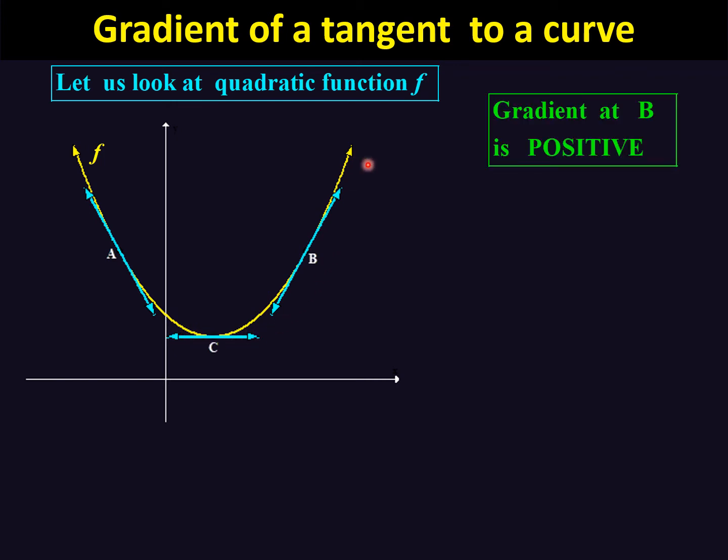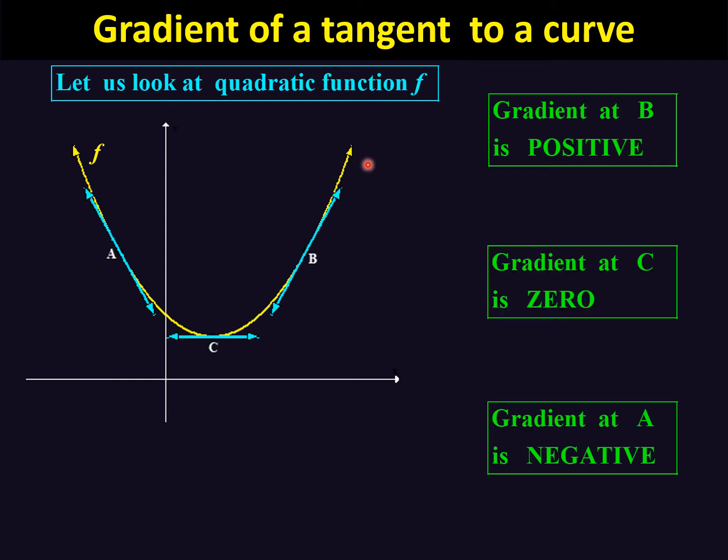At B it's positive, at A it is negative, and the gradient at C is 0. Writing the gradient as m: m greater than 0, m equal to 0, and m less than 0.